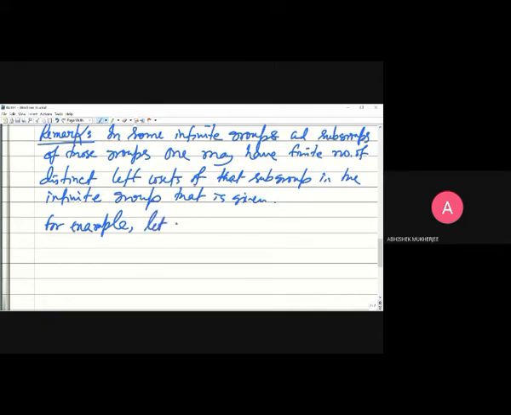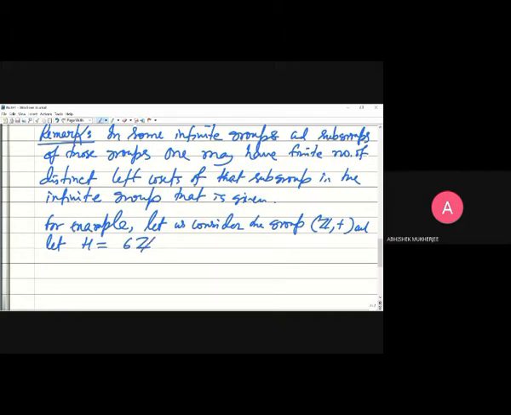Let us consider the group Z plus. It is an infinite group, right? And let H be 6Z.